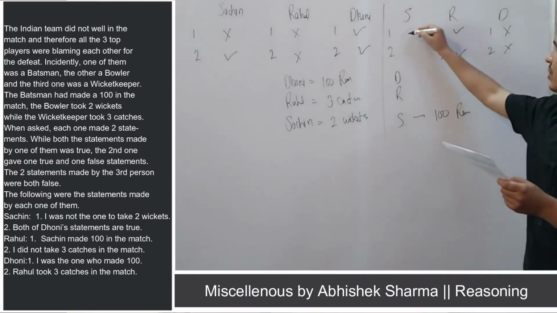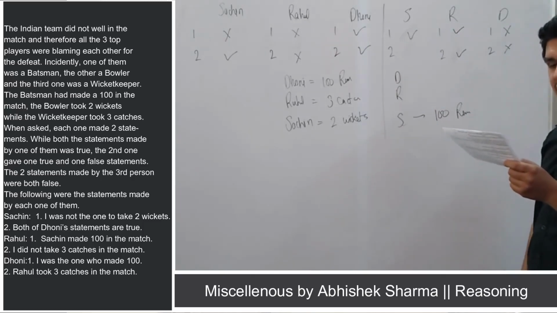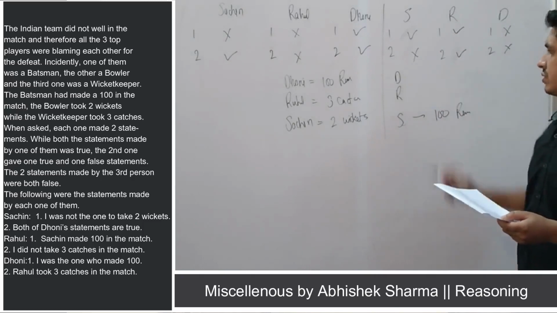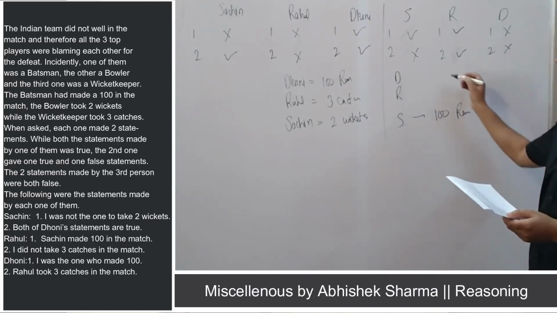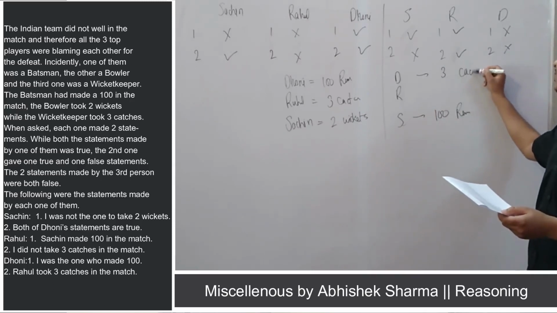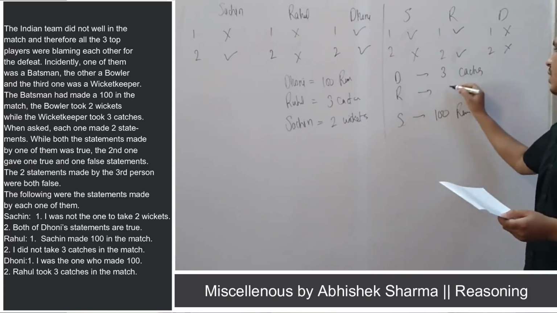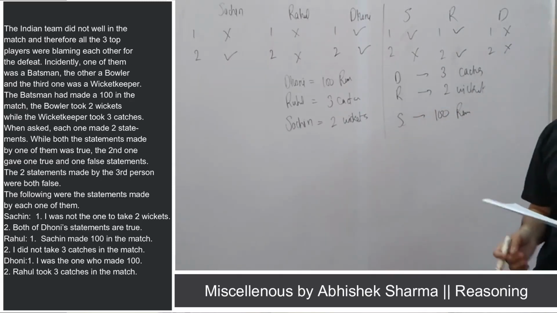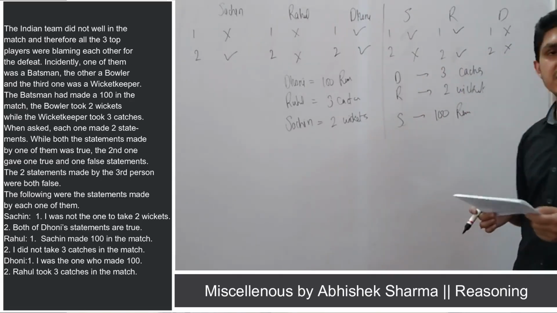That means the first statement of Sachin is true. And the second statement, both of Dhoni's statements are true, is false. Right? So in this case, Dhoni will take 3 catches and Rahul will take 2 wickets. So all in all, we have 2 possibilities in the question.